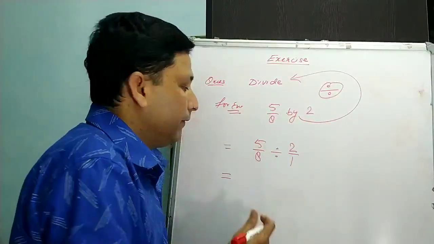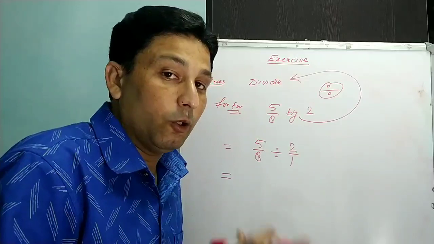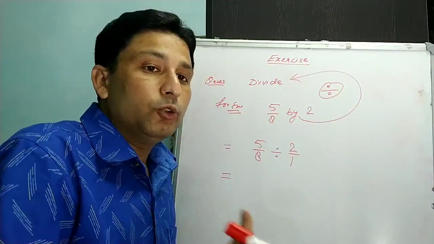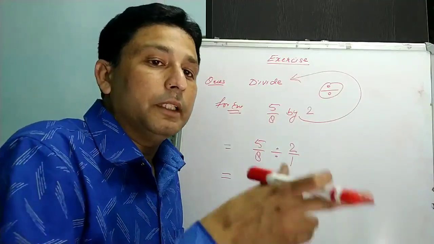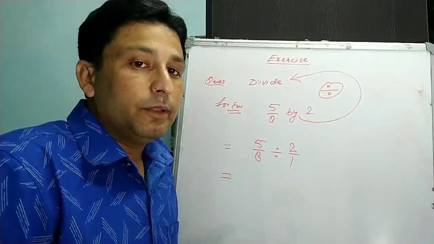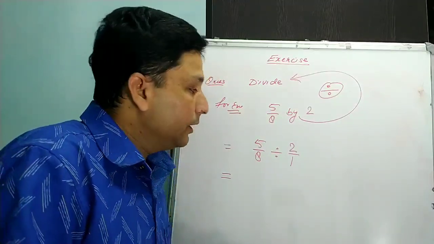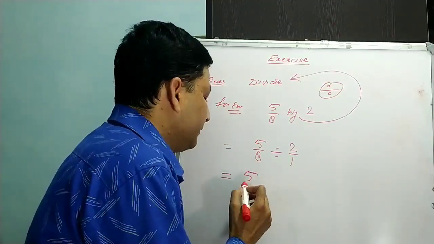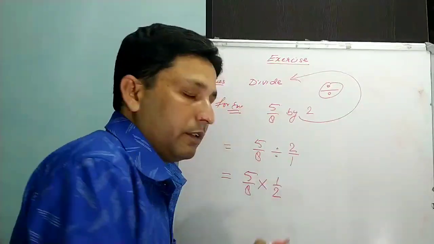In the next step, whenever you find any rational number along with the division sign, you will have to convert it into the reciprocal along with the multiplication symbol. Reciprocal means you will convert numerator into the denominator and denominator into the numerator. So here we will write 5 upon 8 into 1 upon 2.